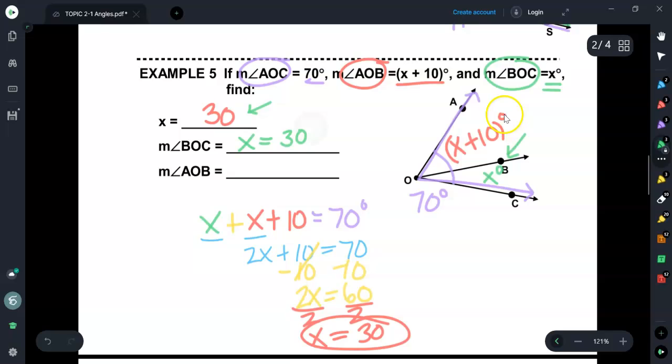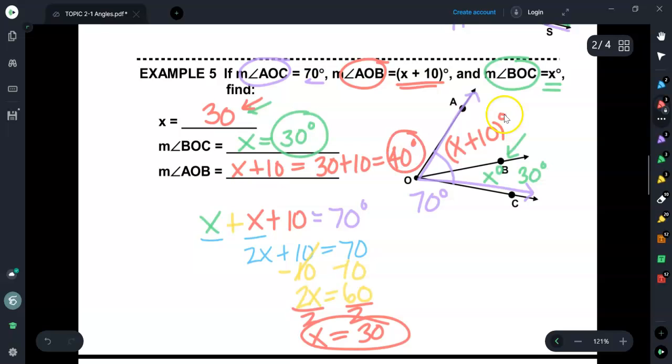So BOC actually is 30 degrees. And then AOB was x plus 10. So it's equal to x plus 10, which would be equal to 30, which is x, right? Plus 10, which is 40 degrees.